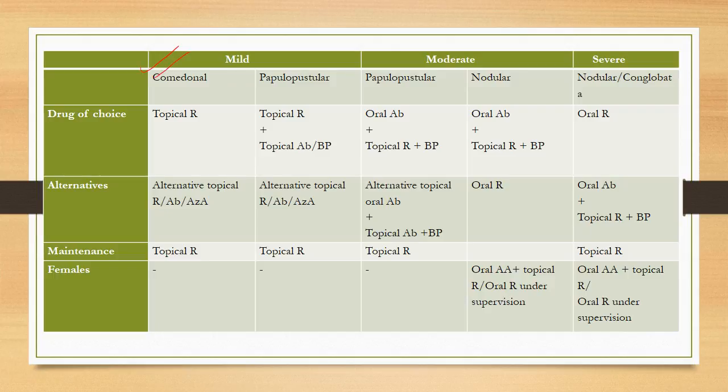So this is a table here which has been taken from Nina Khanna, the textbook, and you can ask them whether it's a nodular type of acne or conglobate type of acne, and what is the initial treatment in females. You can also give anti-androgens, which you usually cannot give in males.